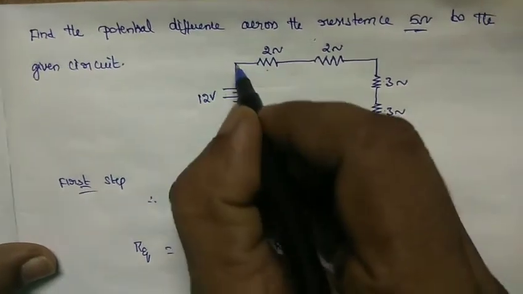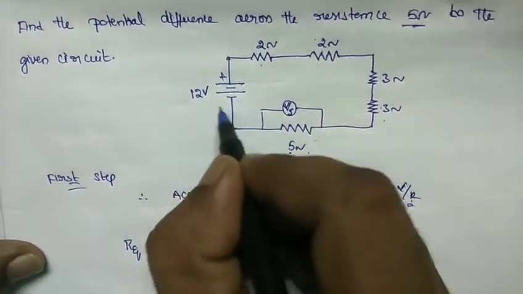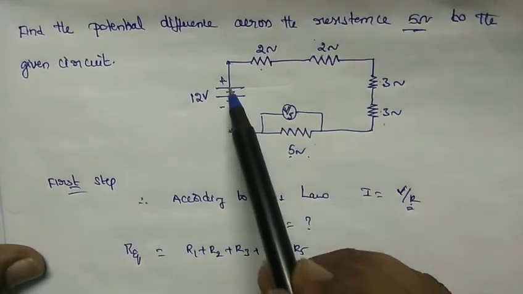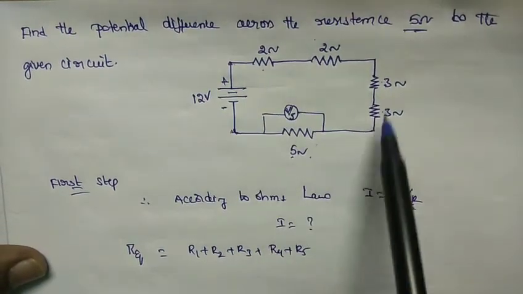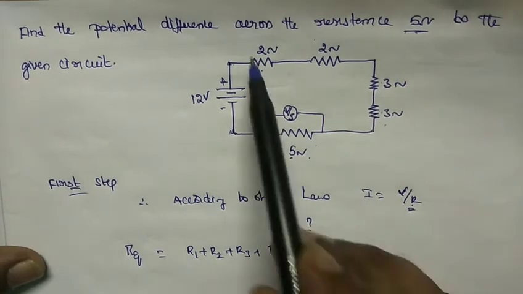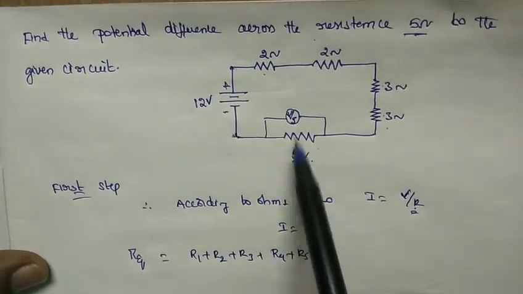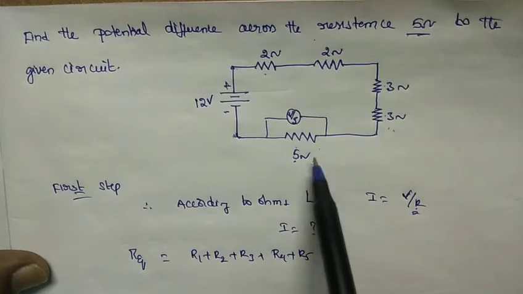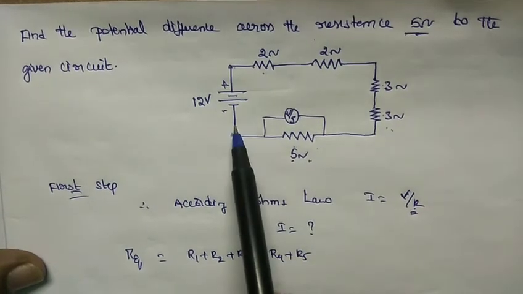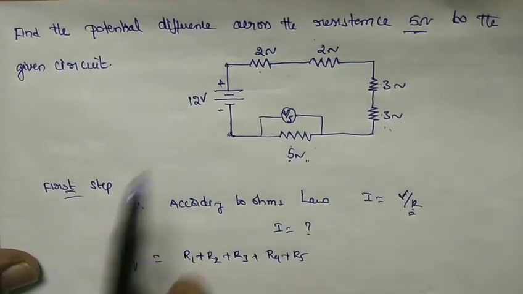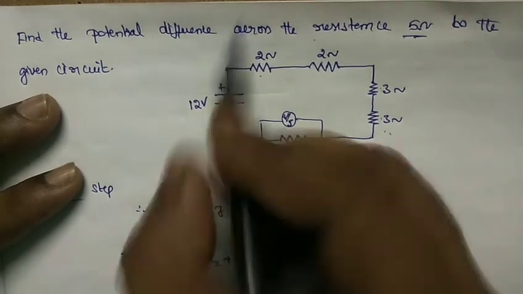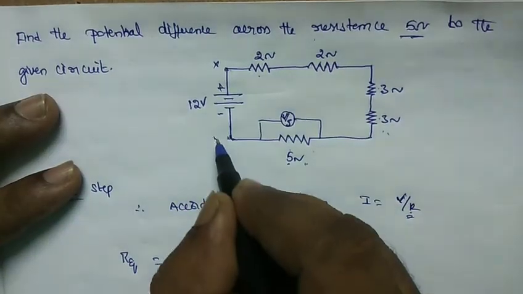Because this is the positive terminal and this is the negative terminal. Between these two terminals, how many resistances are there? Five resistances: 2 ohms, 2 ohms, 3 ohms, 3 ohms and 5 ohms. Between these two terminals there is only one line. Am I right or wrong? You can put X here and Y here.